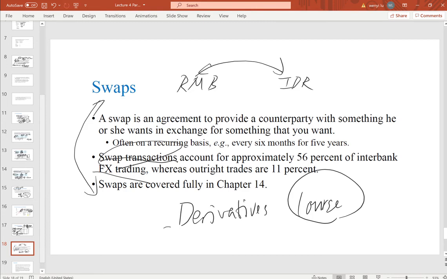In this course, swaps, options, and futures will be covered in more detail. So we don't go too detailed on this topic in this course. In derivatives, you can see more examples for that.